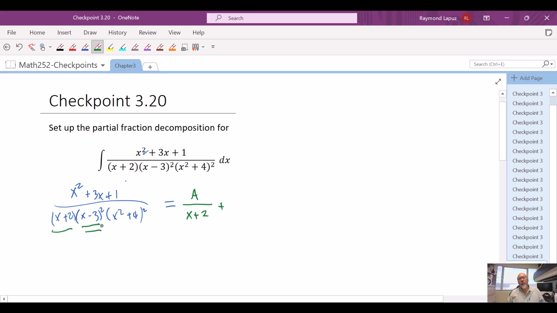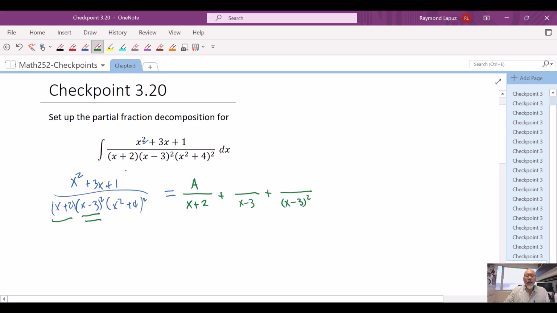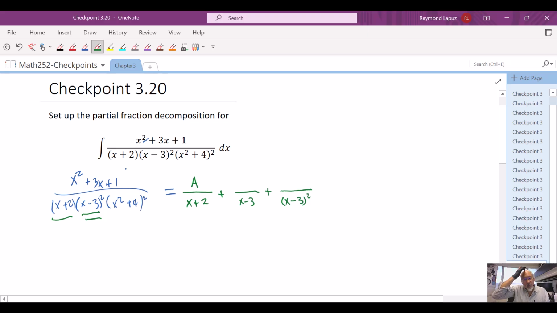Whenever we have a factor with multiplicity bigger than 1, we want to create terms with growing multiplicity. So this will actually require two terms: a term with an x minus 3 and a term with an x minus 3 quantity squared.